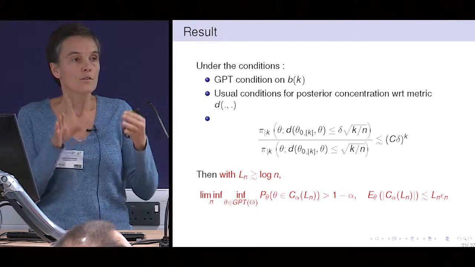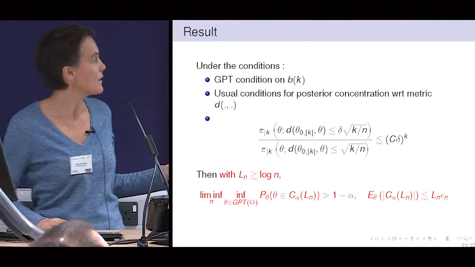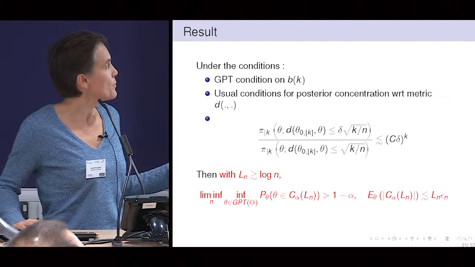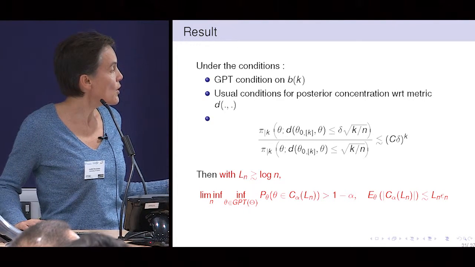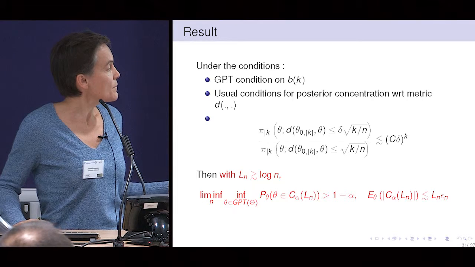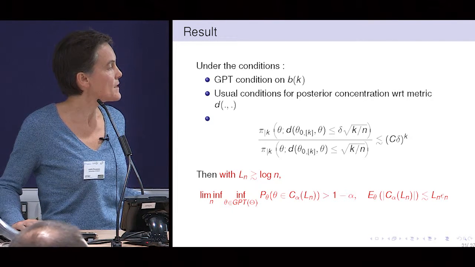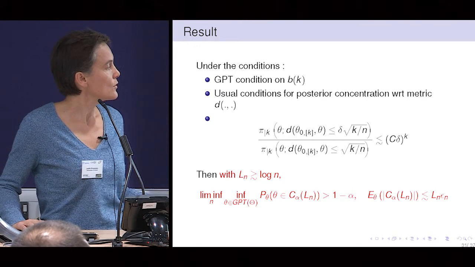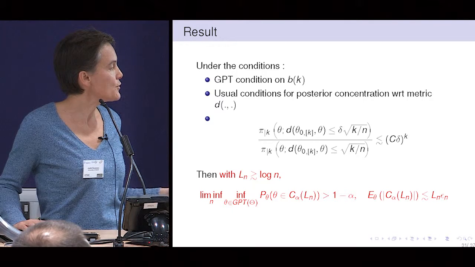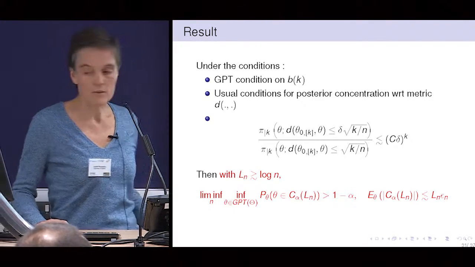So if you have this kind of behavior, locally a bit like a Euclidean metric, and you have the polished tail condition and the usual story, then if you blow up the credible bounds by a factor log n, you've got adaptation and the right size. So you're optimal in terms of size, but you're also honest in terms of coverage, at least on these points.